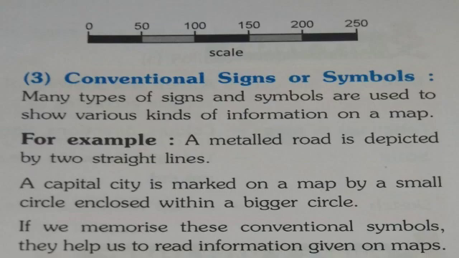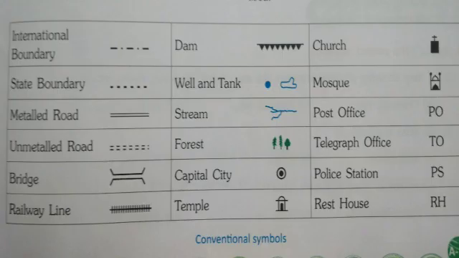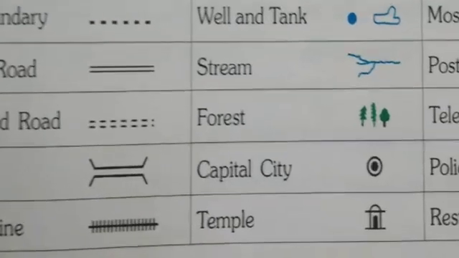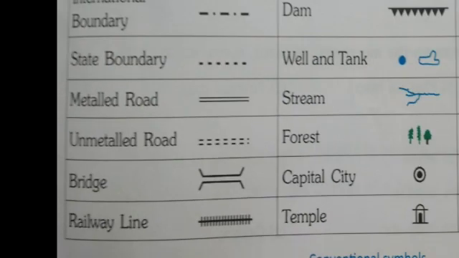For example, a metal road is depicted by two straight lines. If I want to show a metal road, it will be shown with the help of a symbol. I can show you in the picture. This picture you can see here. The second one is a metal road, and it is shown through the symbol of two parallel lines.